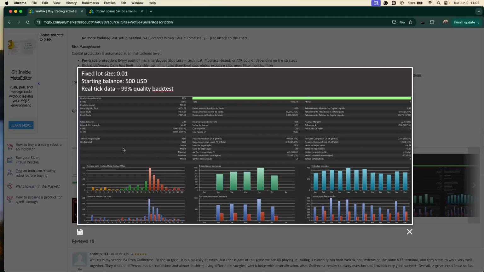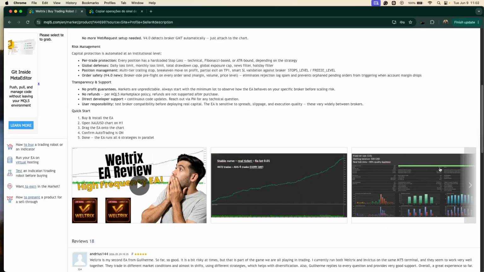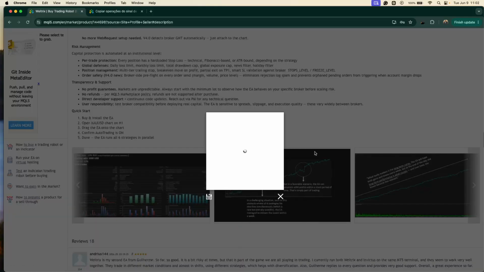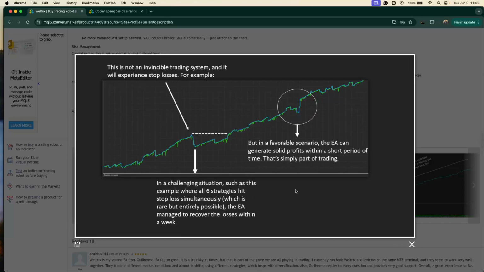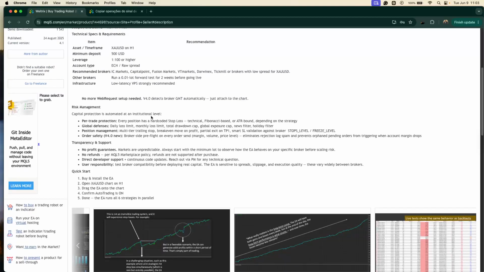So it's quite impressive. You can see this from 2020 backtesting all the way to 2025, so 5 years, and it averages 4 trades every day on this backtest. So this is how it trades, this is how it works using the 6 strategies that I mentioned earlier. And that's all from the developer.